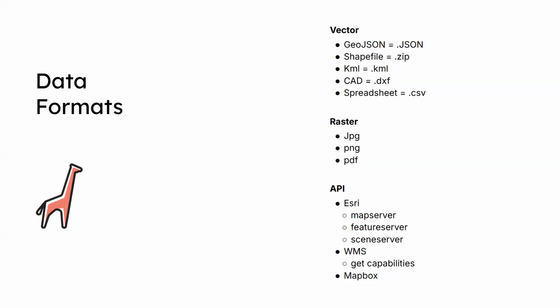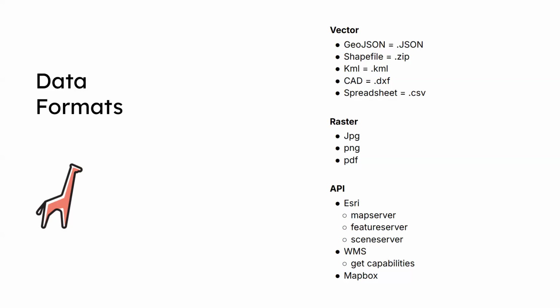Each feature in the layer is visually represented on the map, and it also has additional attributes or properties that are stored in the database. So let's take a look at all of this great information that we can get in spatial data and see what types we can use in Giraffe.